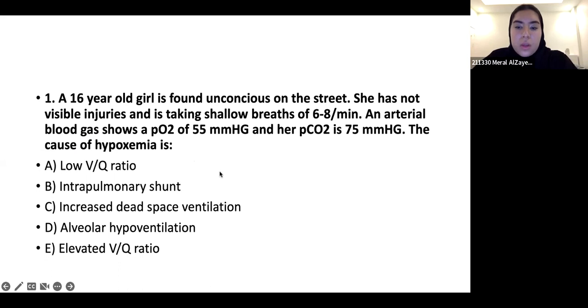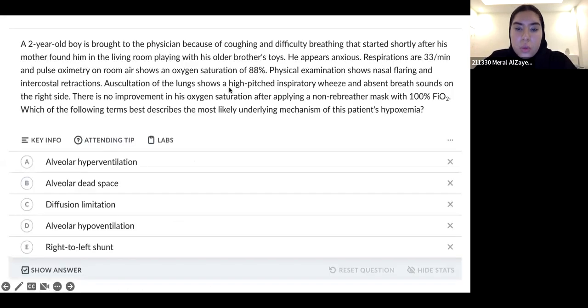Okay, question 2, I got this question from Amboss, clearly. A 2-year-old boy is brought to the physician because of coughing and difficulty breathing that started shortly after his mother found him in the living room playing with his older brother's toys. He appears anxious. Respirations are 33 breaths per minute, and pulse oximetry on room air shows an oxygen saturation of 88%.